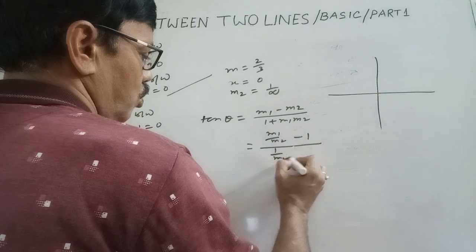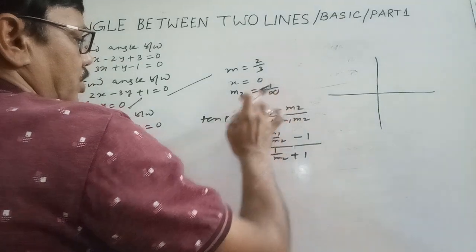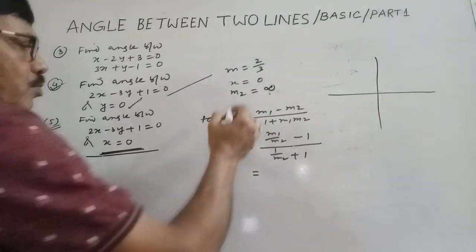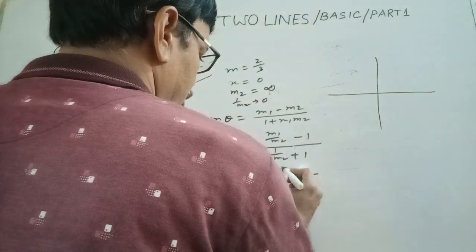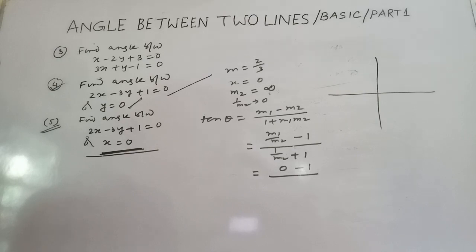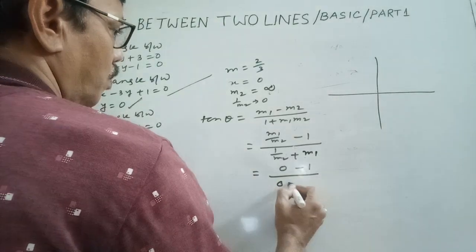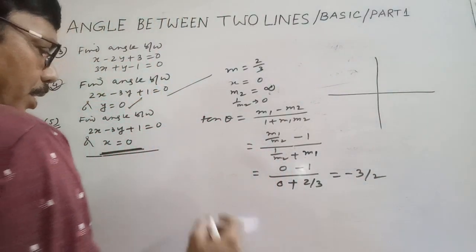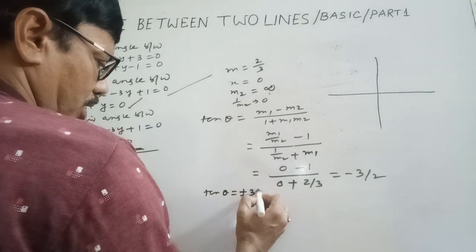So we get 1 by m2 minus 1 by 1 by m2 plus m1. Since m2 is infinity, 1 by m2 tends to 0. So 0 minus 1 by 0 plus 2 by 3, so this is minus 3 by 2. So obviously plus minus, tan theta equals plus minus 3 by 2.